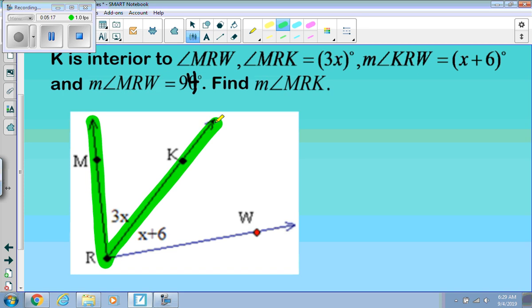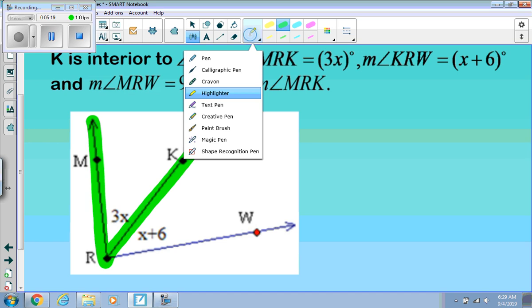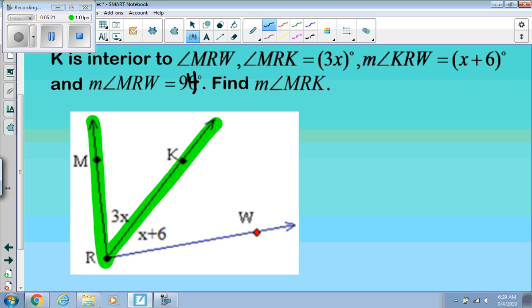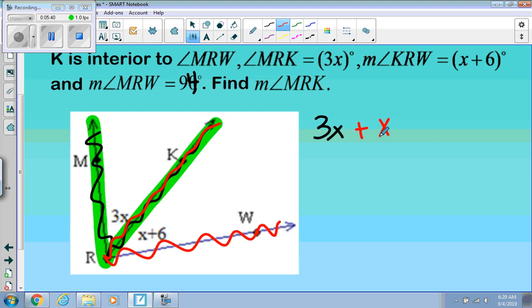Just as before, we need to do part plus part equals whole, where we're solving for x this time. Once we find that x value, we've got to plug it back in. So one of our parts is the 3x, and then we're going to add our other part, which is KRW, so plus x plus 6. And then we're going to equal our whole, which they've told us is 94 degrees.